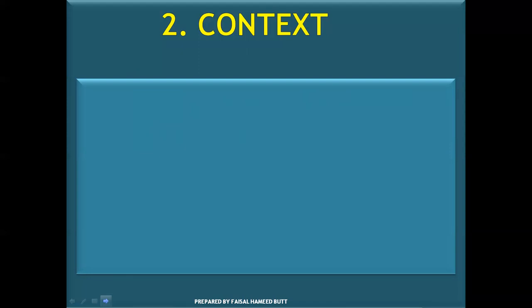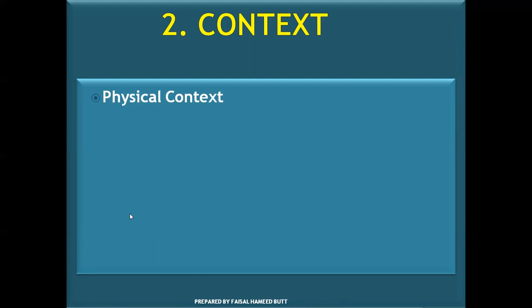It can be divided into different kinds, and the first one is called physical context. Physical context includes environment, time, temperature, distance, as well as seating arrangement.